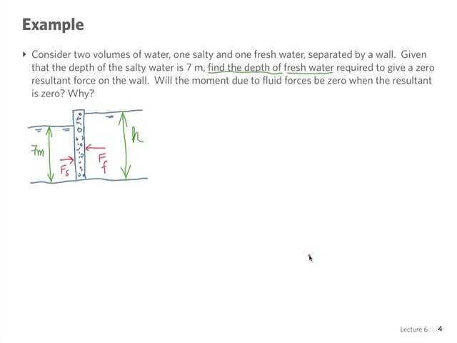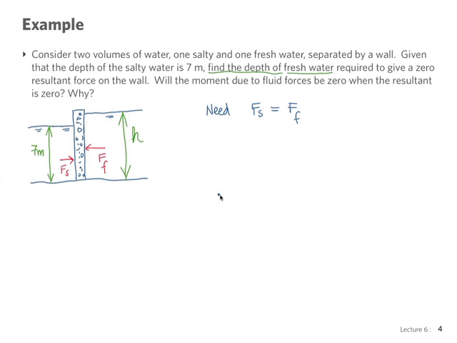And we want zero resultant on the wall, so we need Fs equal to little f. So now we use our shortcut number 1. This is a rectangular wall. I'm drawing a cut through this on the side, but it's a rectangular wall, so I'm just going to imagine a 1 meter depth in the direction perpendicular to the plane of the screen. And I can use a unit length in that direction.